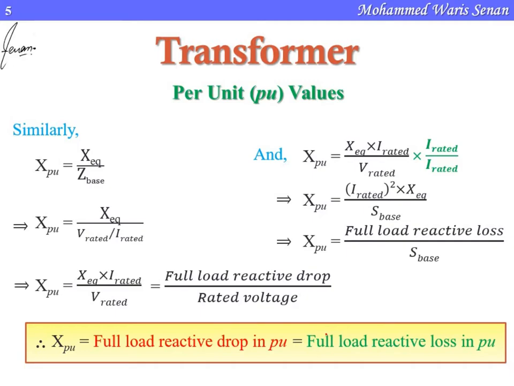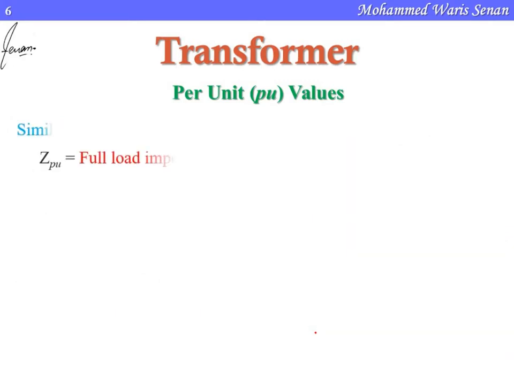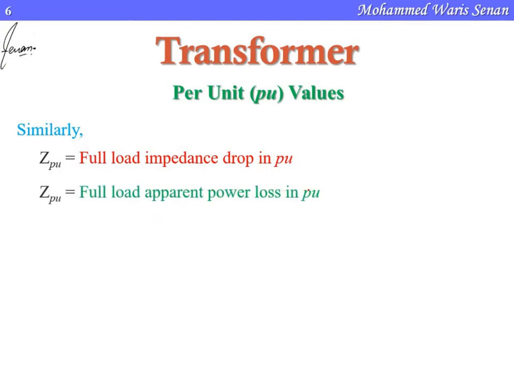And X per unit is equal to full load reactive drop in per unit and full load reactive loss in per unit. In a similar manner, if you write the Z per unit, you will get it equal to the full load impedance drop in per unit and also full load apparent power loss in per unit. Okay, and we will use this concept for the analysis purpose in transformer.